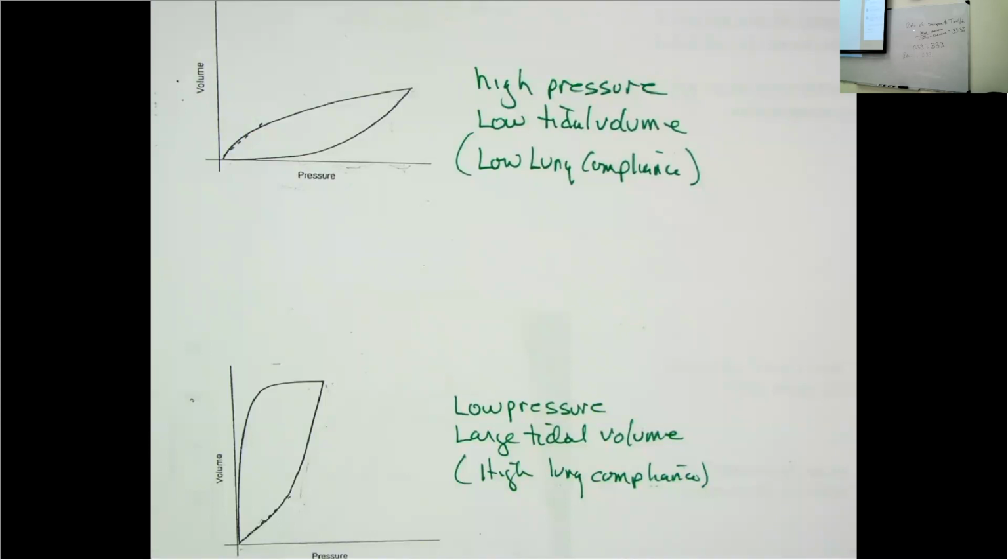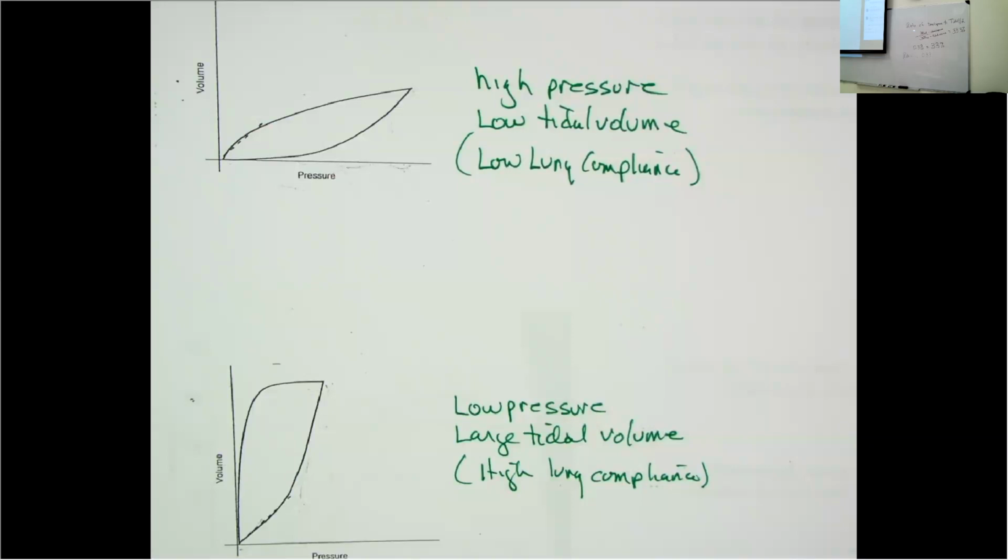So you can see it's taking a lot of pressure in order to breathe in. The pressure line's all the way up here, and then this is the volume. Even though the pressure is going really high, the volume is staying low.